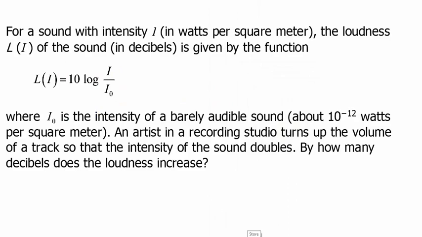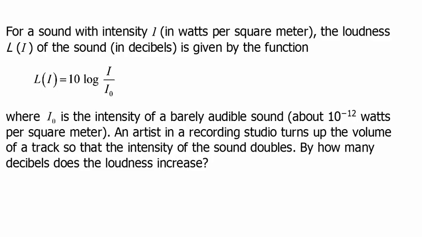Okay, so in a word problem, hey, sometimes they give you the equation. Look for that. So we have an equation, and that equation has an I, which is watts per meter, and that is going to be the amount of power that we have. And the recording artist wants to double that volume. And they want to see how the loudness will change.